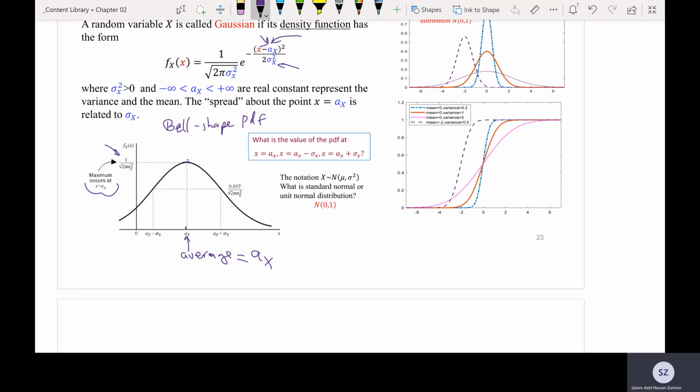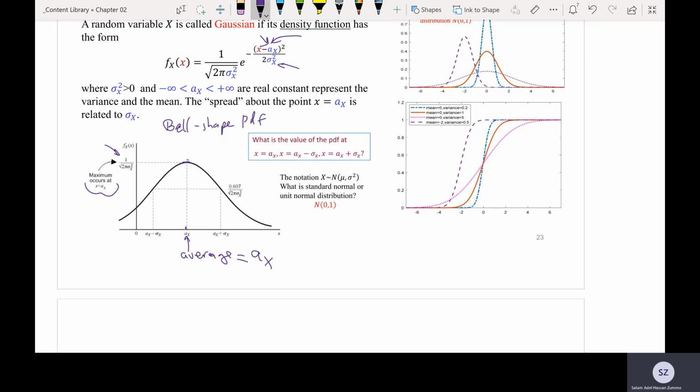Standard deviation is something important to you. Why standard deviation? Because it tells you how spread out a distribution is around the average.